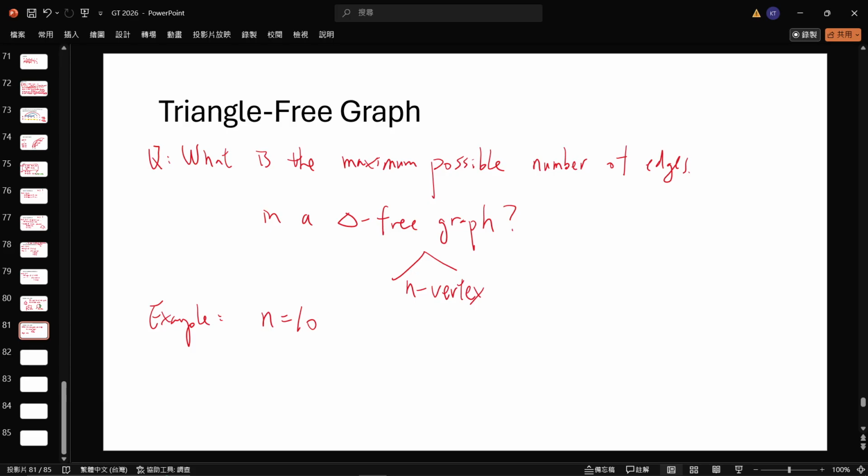So does anyone have a graph that has more than 20 edges? I think you do need some kind of strategy to draw such a graph.